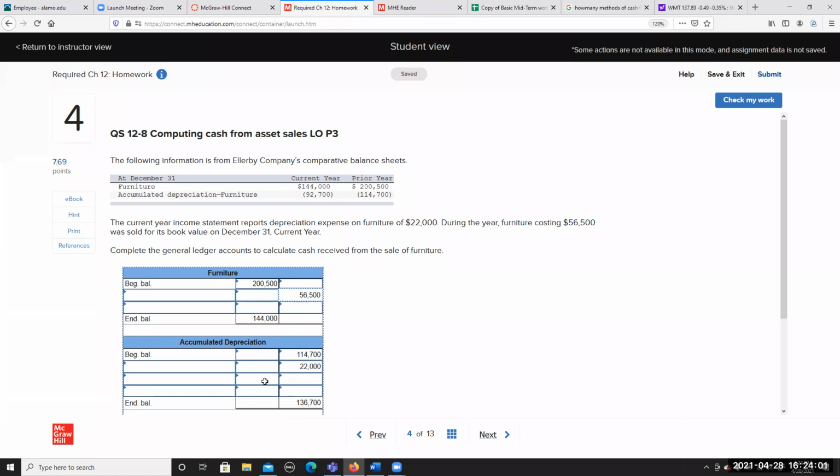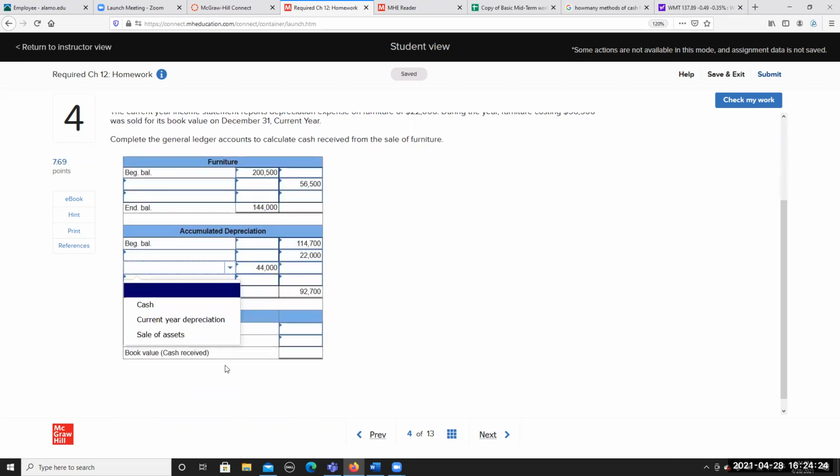So to me, it seems like if the equipment was $56,500, we don't know the book value, but 136.7 minus 92.7 is 44. So that'll get us to the 92. And this is right here.